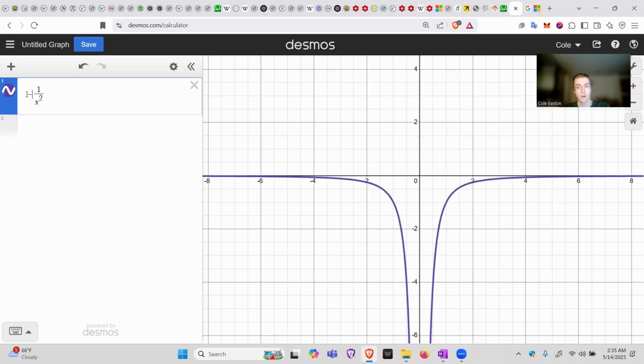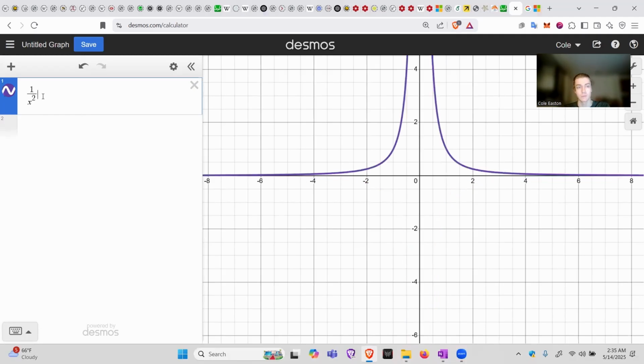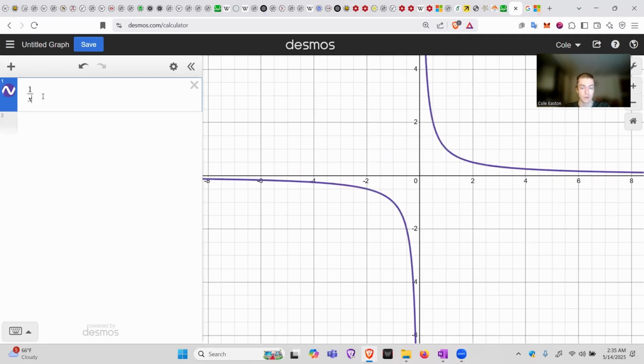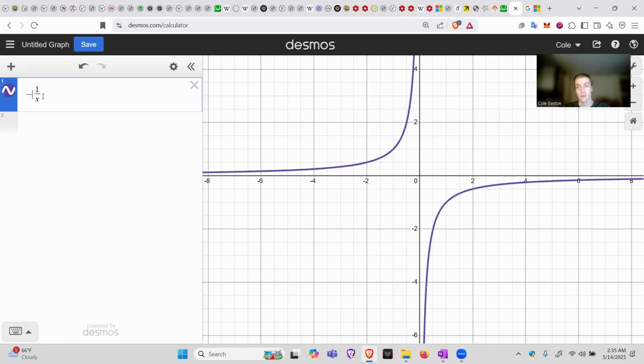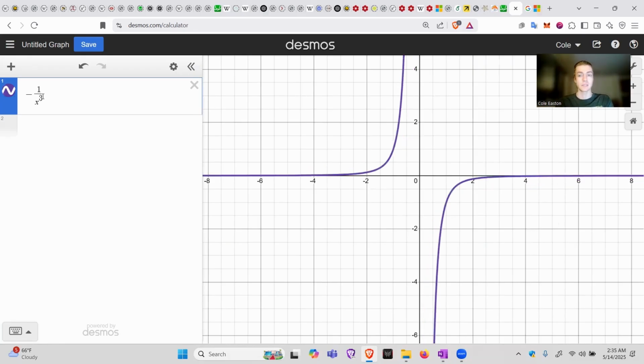Negative 1 over x squared, we approach zero from the bottom either way. This is going to be the same again with any even or odd power, and we looked at this earlier as well. But now I just wanted to bring this back up to focus on what's going on with the end behavior.